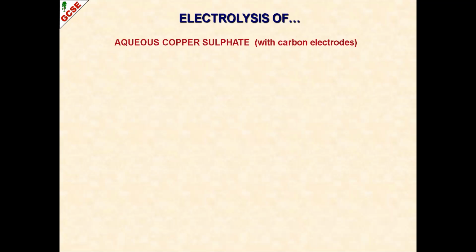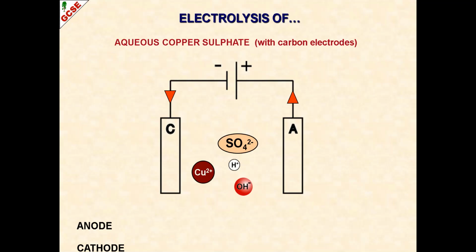Now we need to perform the electrolysis of aqueous copper sulfate with carbon electrodes. What is going to happen? So at the anode, oxygen will be formed, and copper will be formed at the cathode because copper is below hydrogen in the electrochemical series.